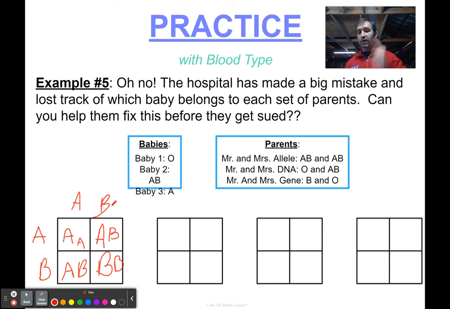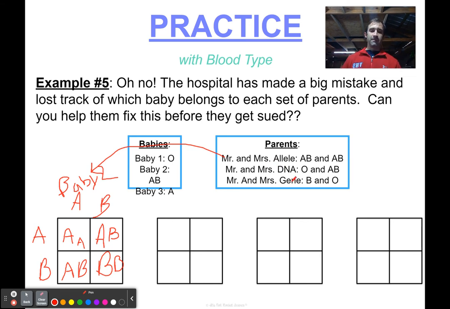Baby one is definitely not. Baby three is definitely not. So if these are the only three possibilities, then the only baby that could possibly be theirs is baby two. So let's just put baby two by these guys, and this is the Allele family.